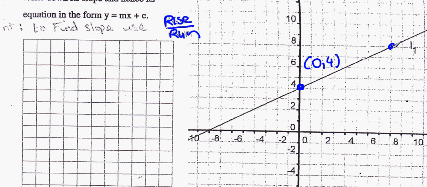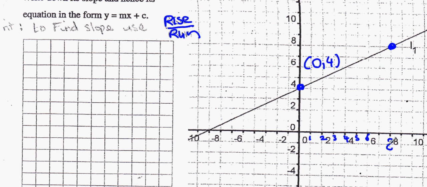This point here is going to be 0. This is 1, 2, 3, 4, 5, 6. It seems to be going up in twos. 2, 4, 6, 8.